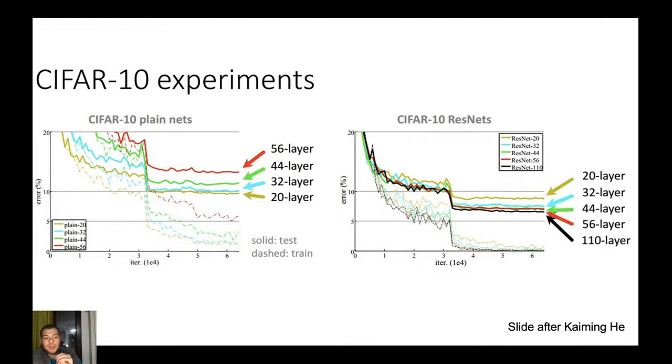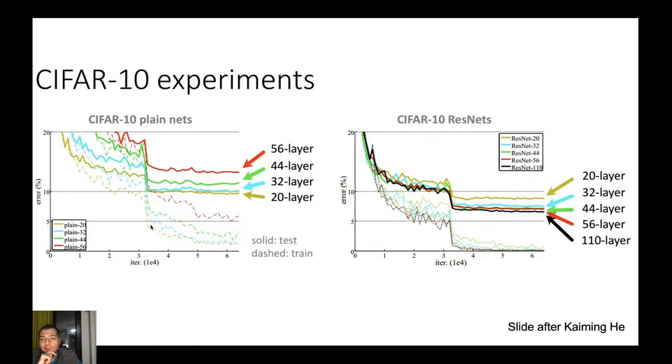And the first author of the ResNet residual networks, Kaiming He, has also observed this phenomenon. So if you use plain networks with 20 layers, you can obtain this result.